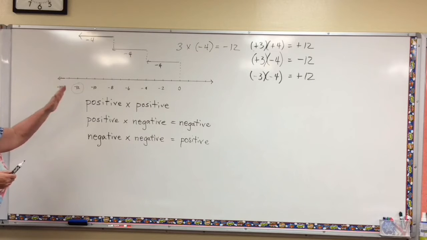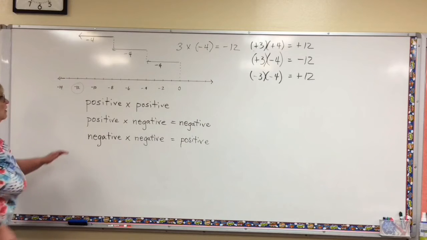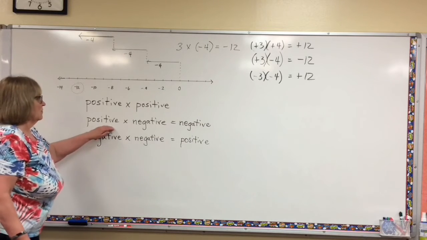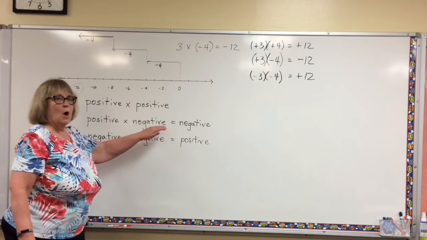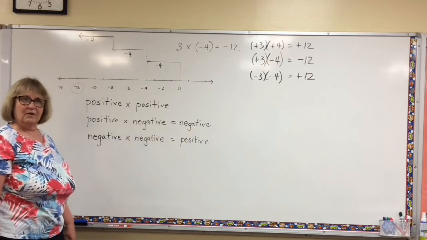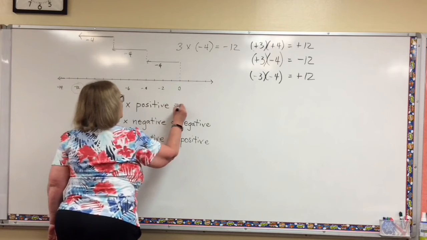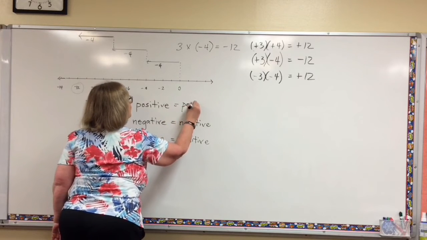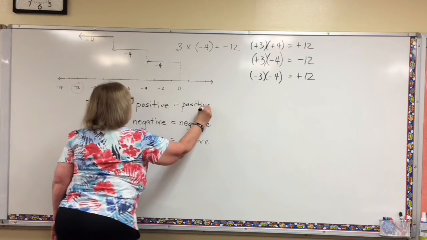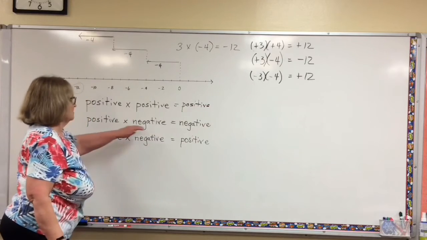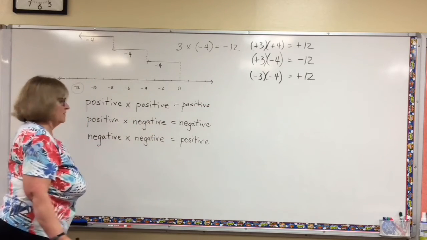Negative 4 plus negative 4 plus negative 4 gives us negative 12. So now we know that a positive number times a negative number always is a negative number. Positive times positive, oh, I forgot, equals positive. And positive times negative always equals a negative number.